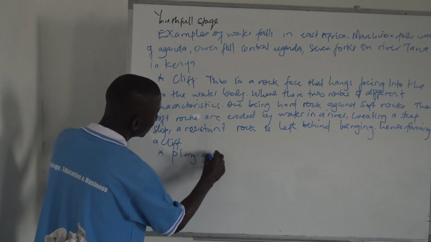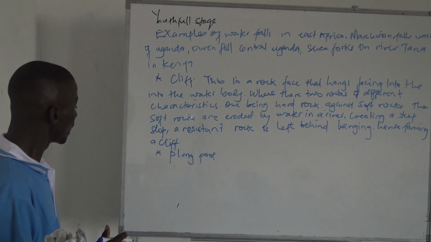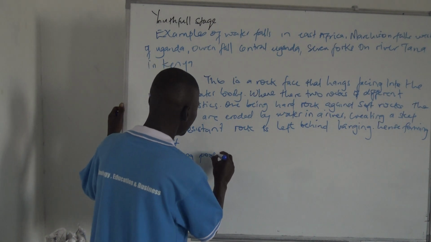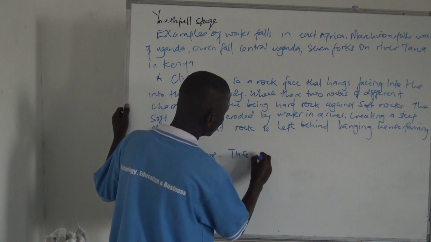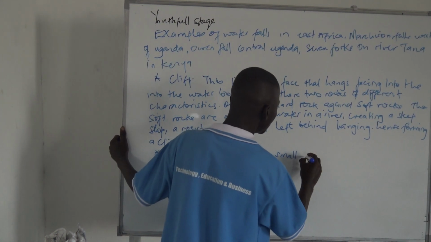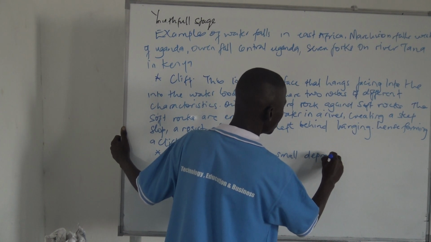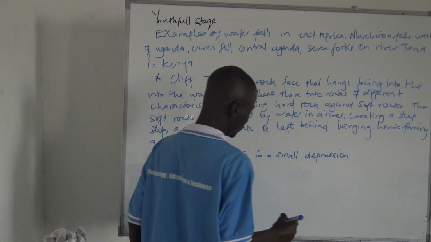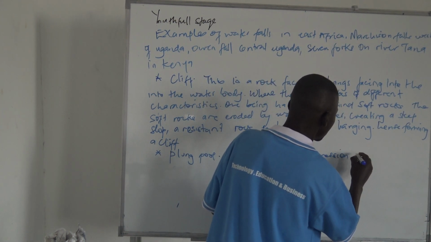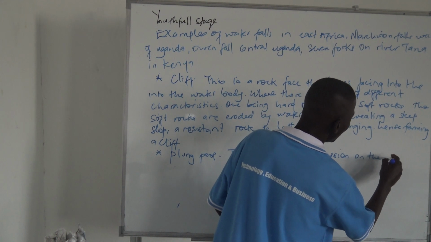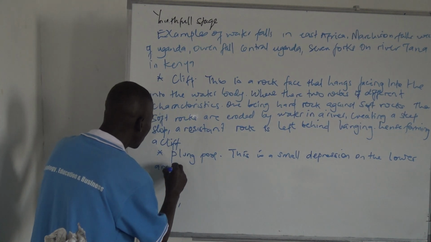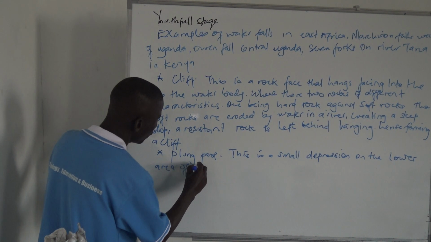A plunge pool is a very small depression on the foothills, on the lower area or lower point of a waterfall.